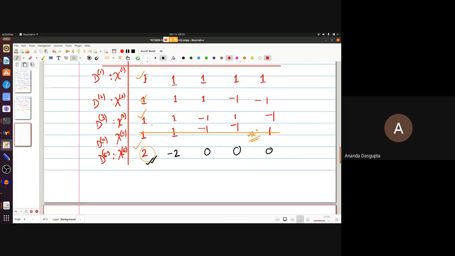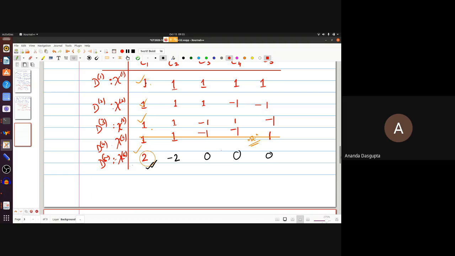So this is the character table, 5 irreps, and let's say we have a 3-dimensional representation which I forgot to write down, right?